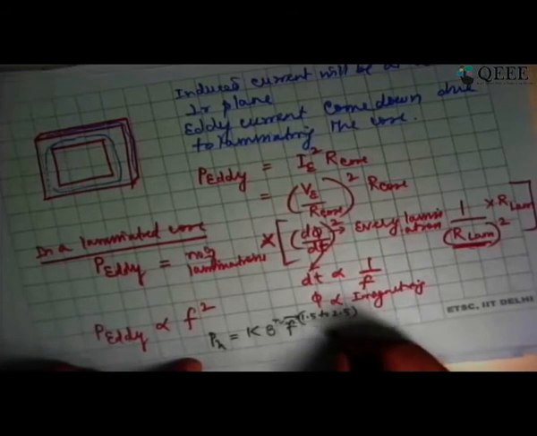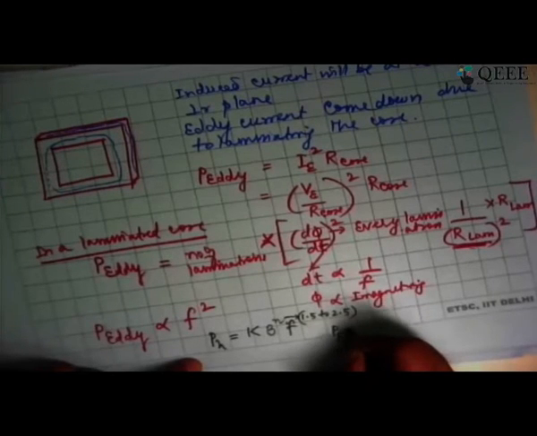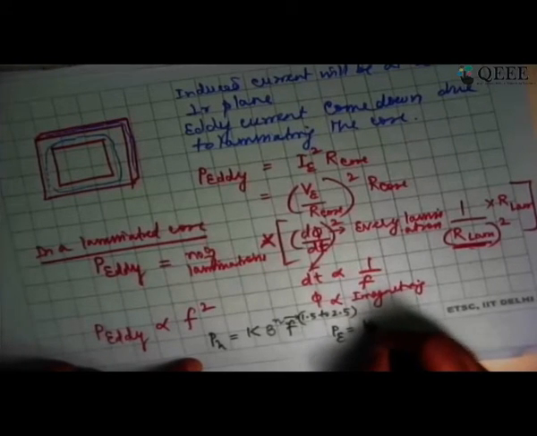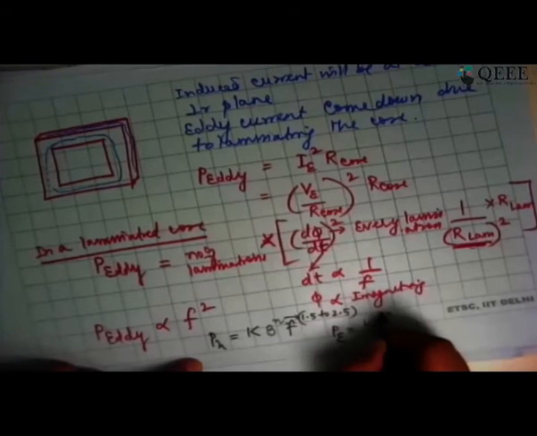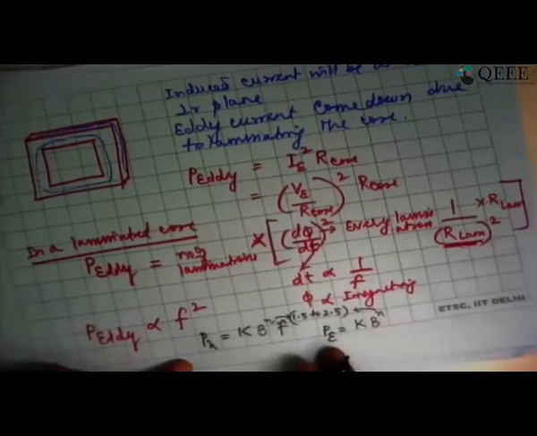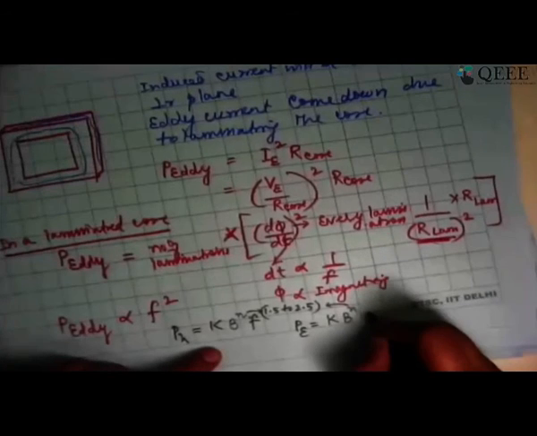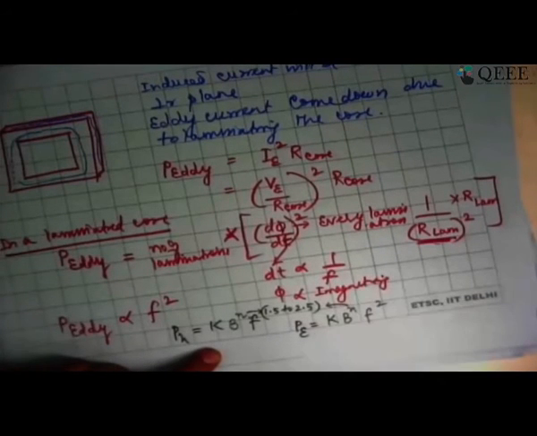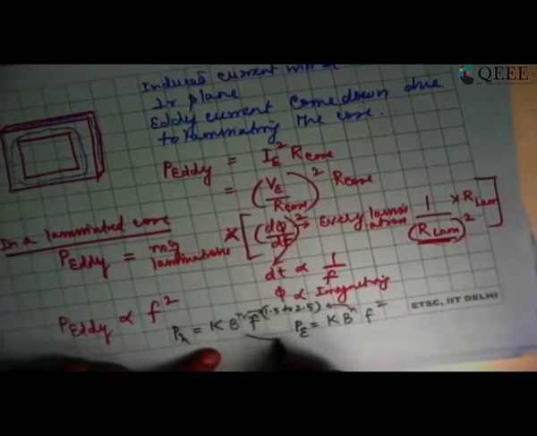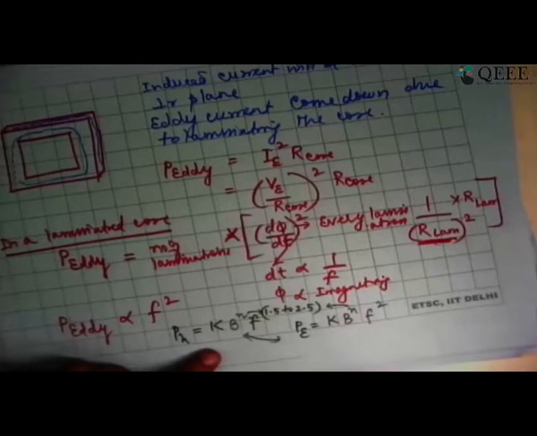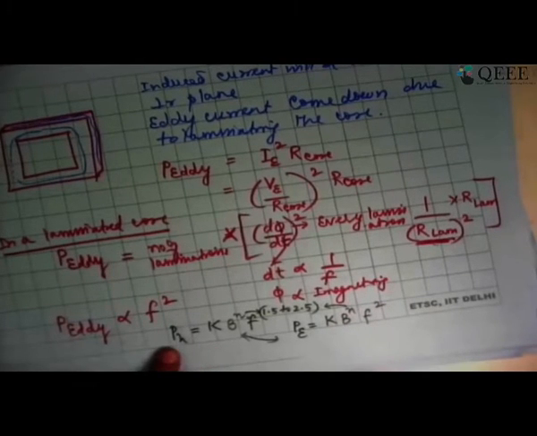Eddy current loss, on the other hand, is proportional to k into B to the power n, where n is approximately 1.8 to 2.5, and frequency square. These are the two components of the losses that take place in the core, which we call core losses.